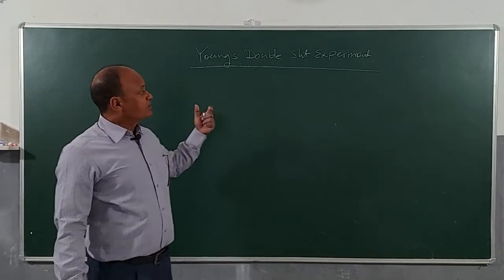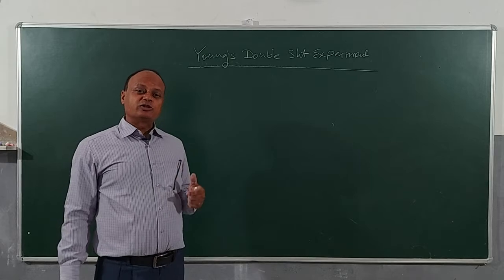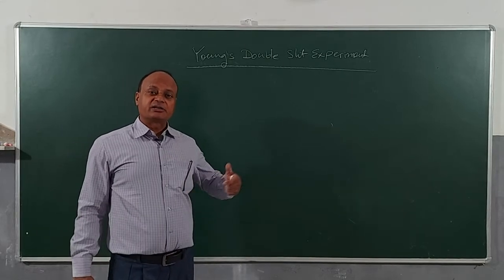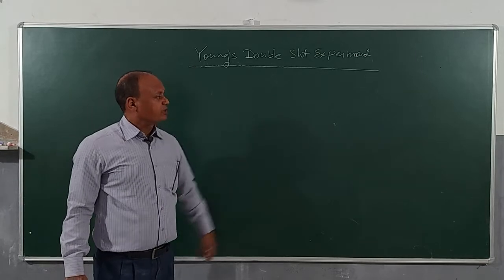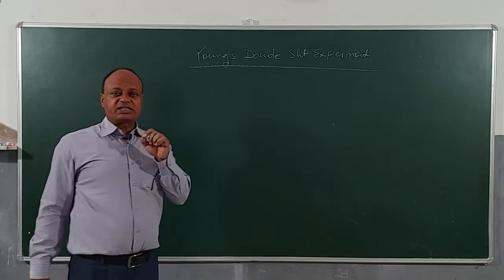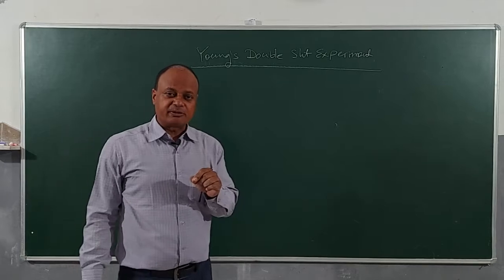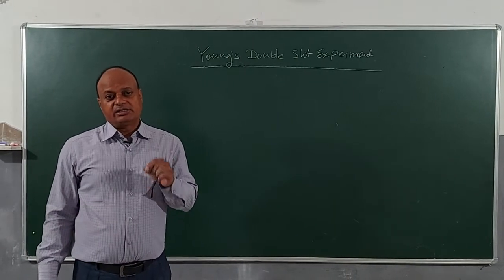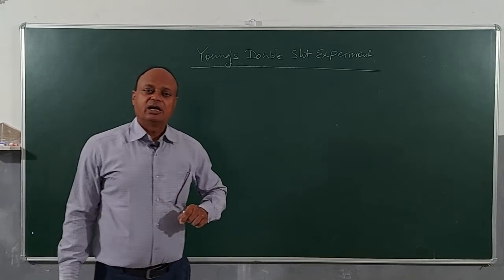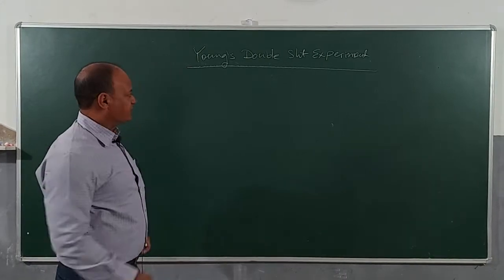Clear? This experiment is significant because even today it is used in quantum physics on a very large scale. So, we will be discussing what is Young's double slit experiment. It was the first experimental, lab-based evidence that in fact Huygens' theory is right and light is a what? Wave, right? Let us start with this experiment.